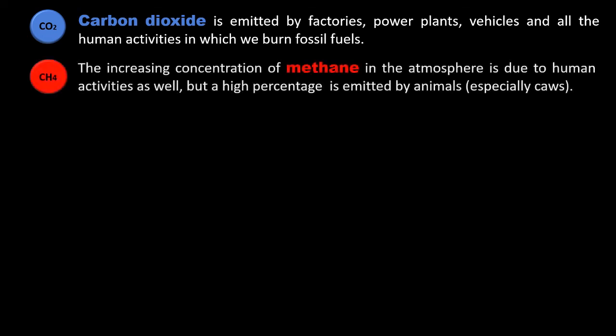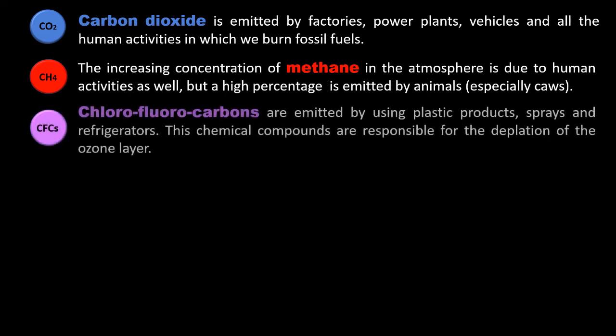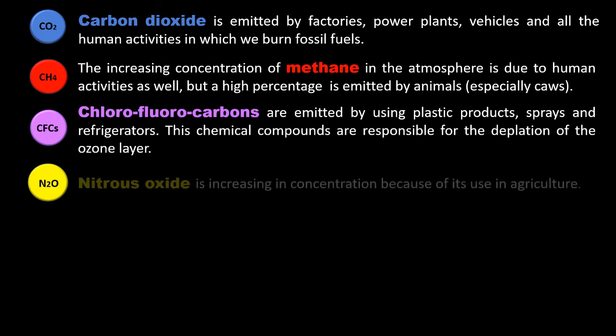The increasing concentration of methane in the atmosphere is due to human activities as well, but a high percentage is emitted by animals, especially cows. Chlorofluorocarbons are emitted by using plastic products, sprays, and refrigerators. These chemical compounds are responsible for the depletion of the ozone layer. Nitrous oxide is increasing in concentration because of its use in agriculture.